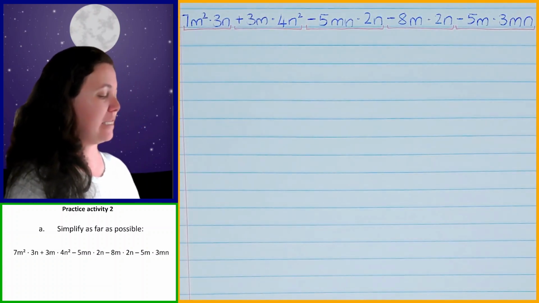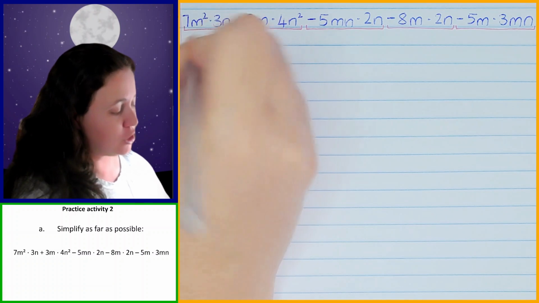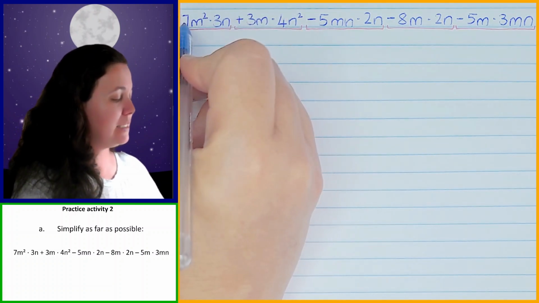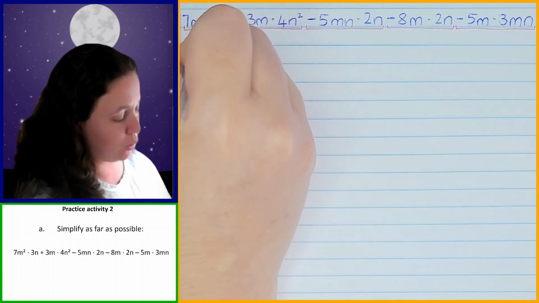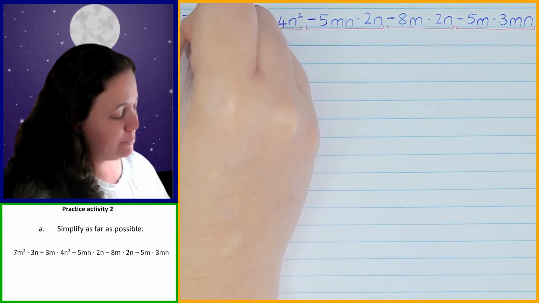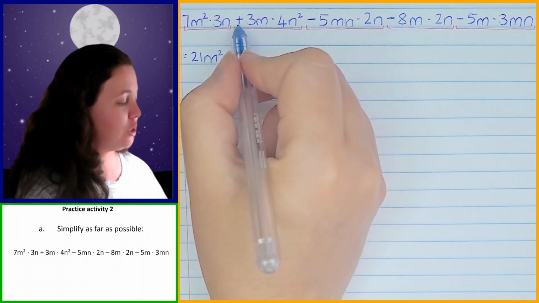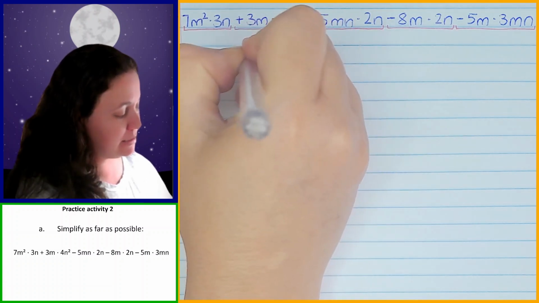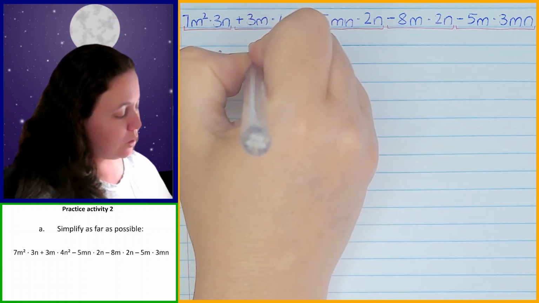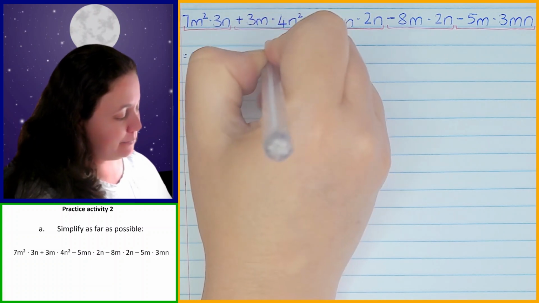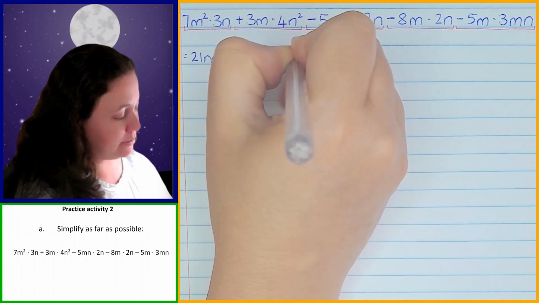Okay, so now let's go and simplify each of those. So in the first term, I'm going to multiply 7 by 3 gives me 21, and then m squared n. Then I've got a positive times a positive is plus, 3 times 4 is 12, and then m and n squared.